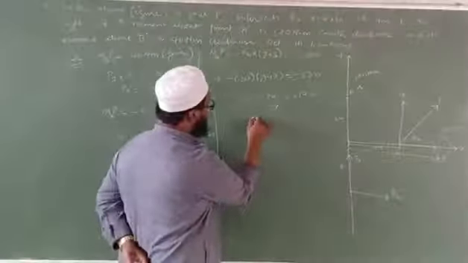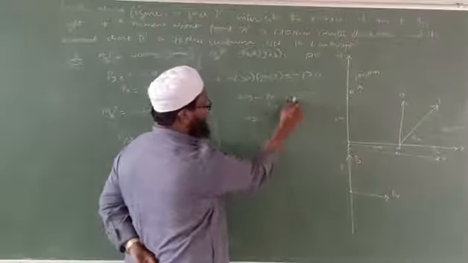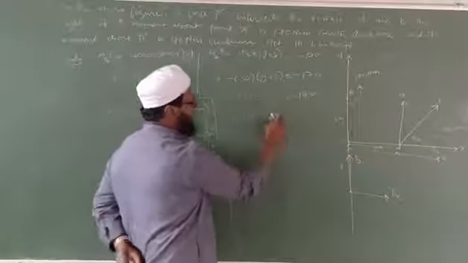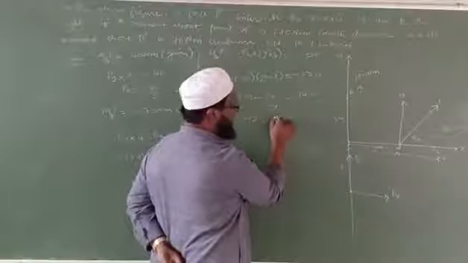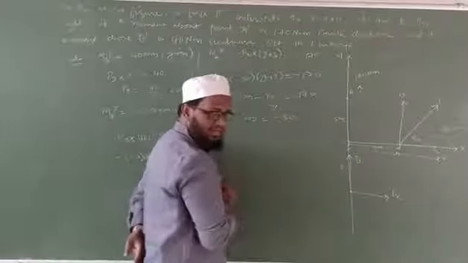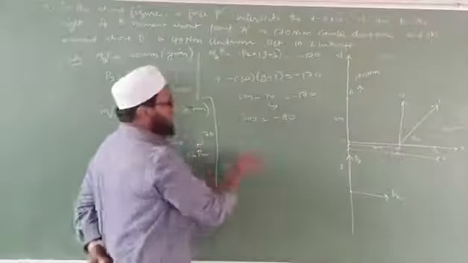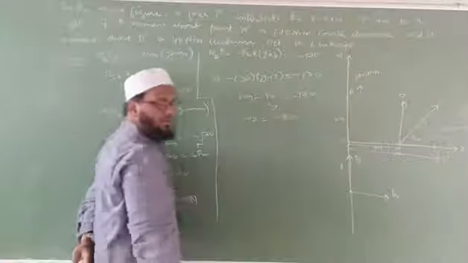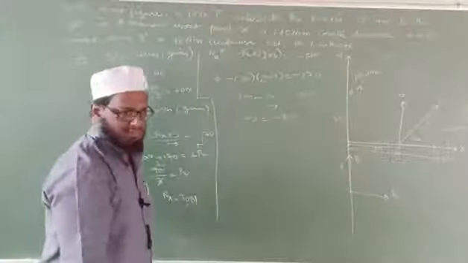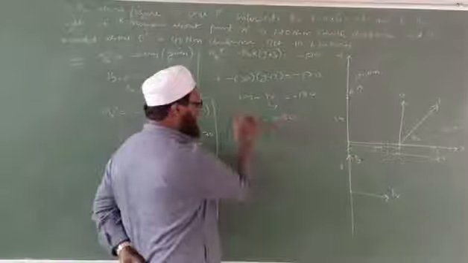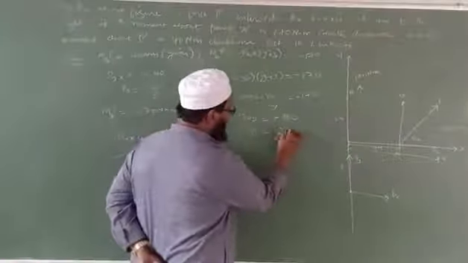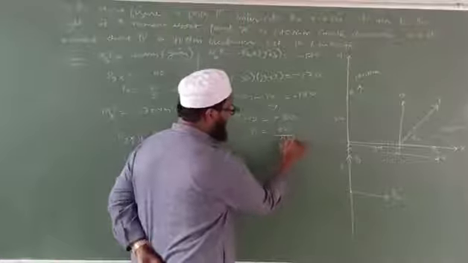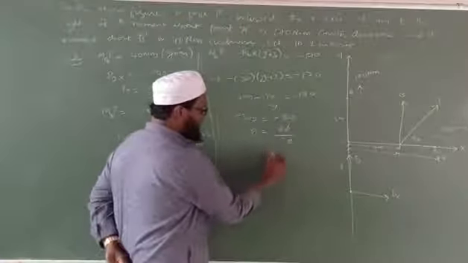So minus 30y is equal to minus 170 plus 90, how much? 80, minus 80, isn't it? See here, minus will go there. Yes, correct, minus 80. So this minus and this minus will get cancelled. So y is equal to 80 by 30. So 8 by 3 is how much?